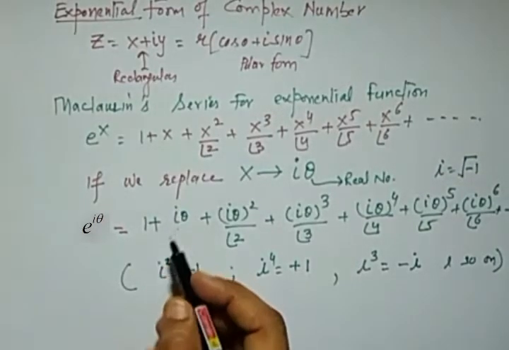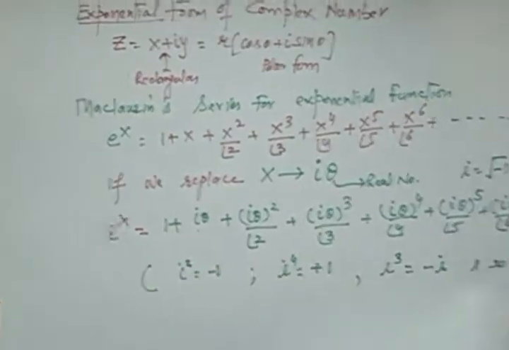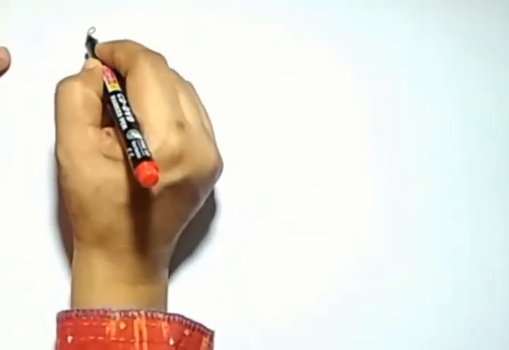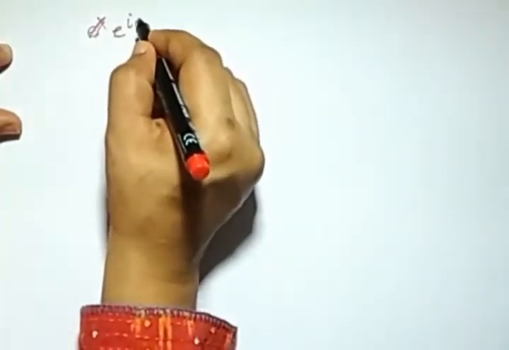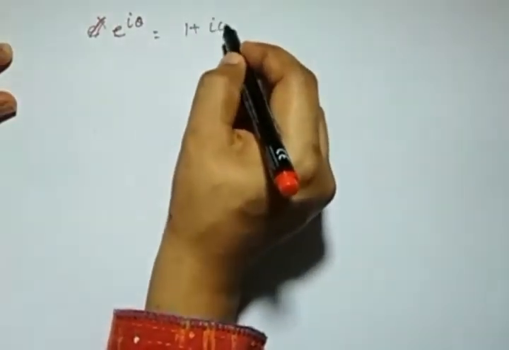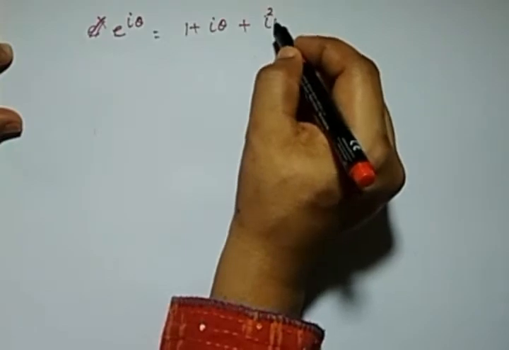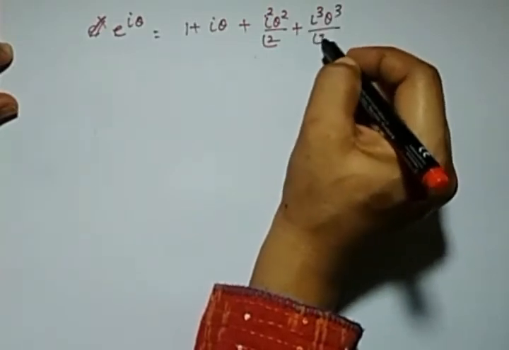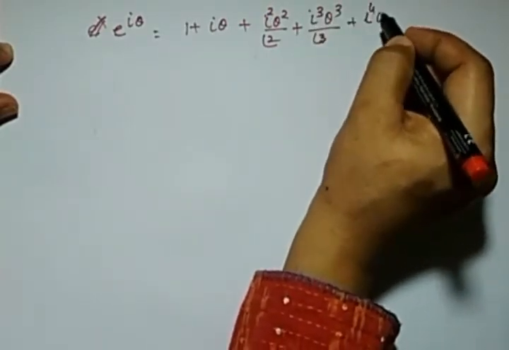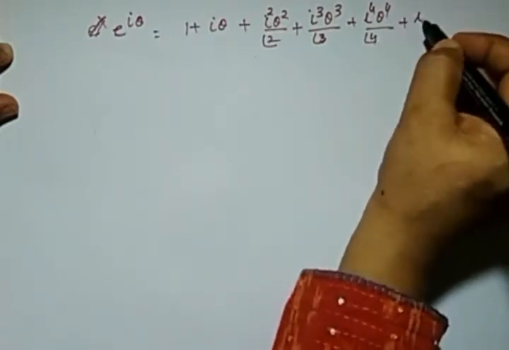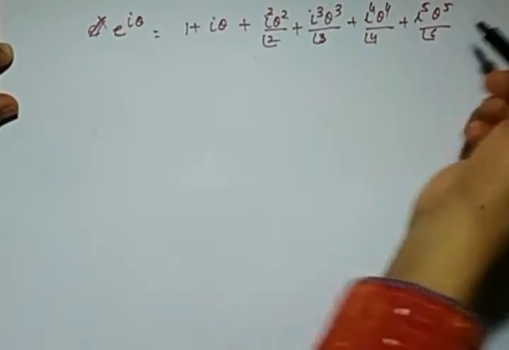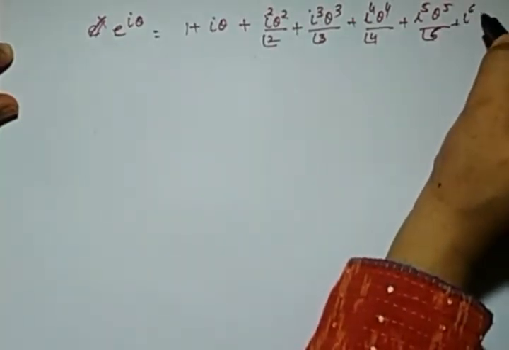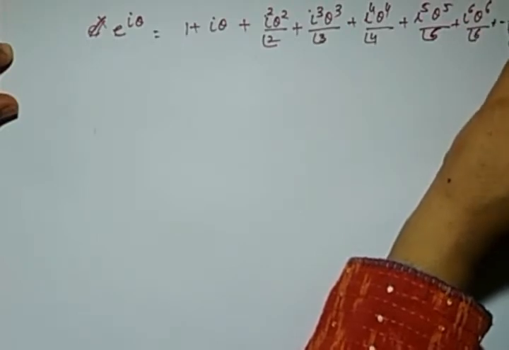So this becomes e raised to power i theta is equal to 1 plus i theta plus i square theta square upon factorial 2 plus i cube theta cube upon factorial 3 plus i4 theta 4 upon factorial 4 plus i5 theta 5 upon factorial 5 plus i6 theta 6 upon factorial 6 and so on.